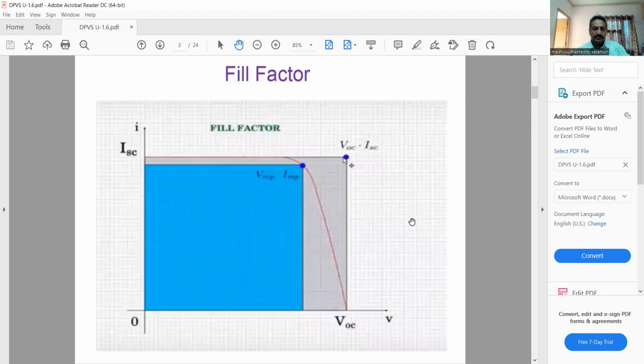So first of all, I'll explain about this. What is the fill factor? Just a little bit more explanation.